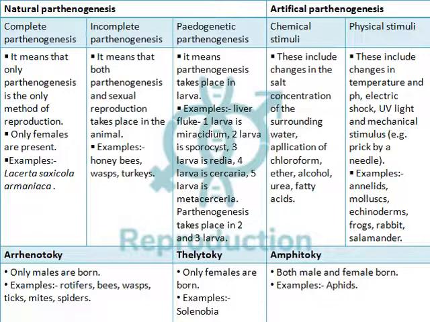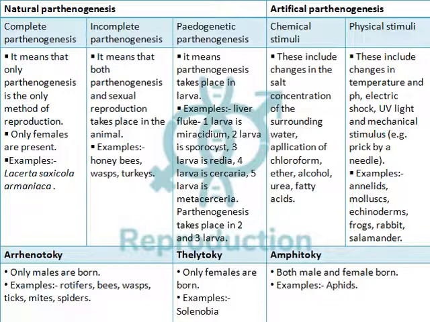In incomplete parthenogenesis, both parthenogenesis and sexual reproduction take place in the animal. Like in the case of honeybees, they go through fertilization and also parthenogenesis.